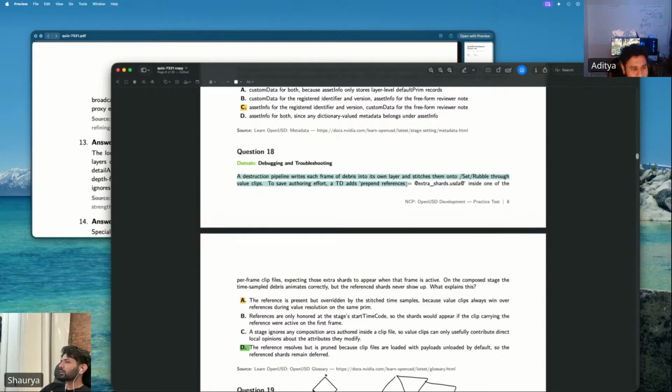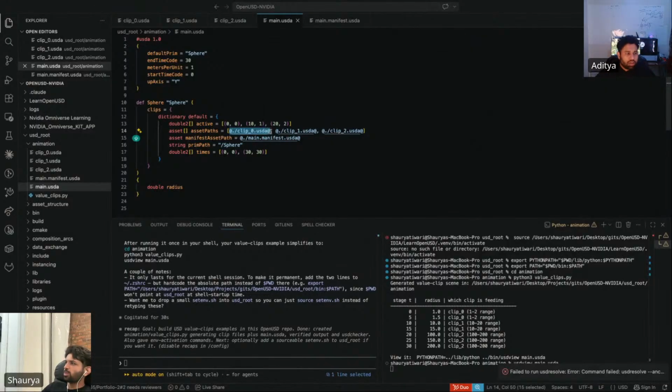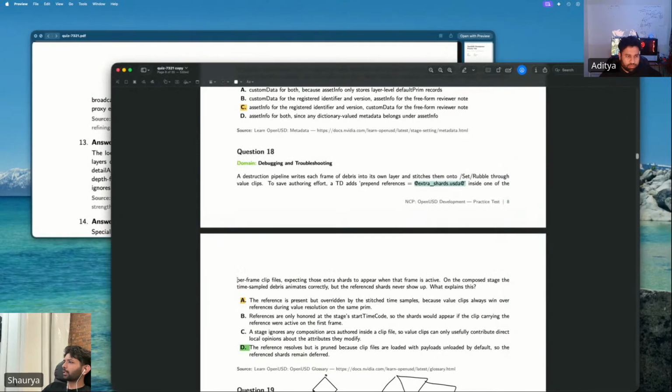Basically when the frame is active, it's going to compile them. So this extra shards.usda is something that is defined in asset paths inside one of the per frame clip files. Yes, expecting those extra shards to appear when the time frame is active.